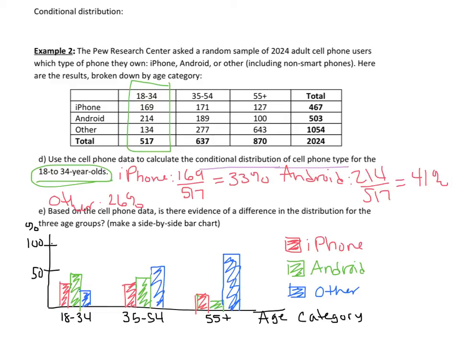There's not so much of that in the 2 younger crowds, but the older crowd definitely has more other. You can also look at the other 2 categories, iPhone and Android. You'll find that the younger people do prefer them. So it's important to look at that, and you can see what the differences actually are.